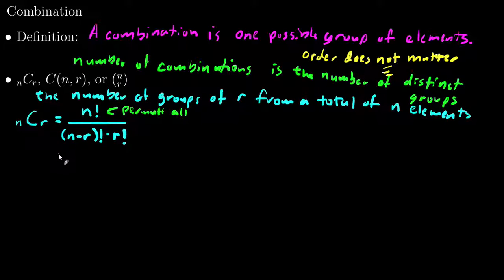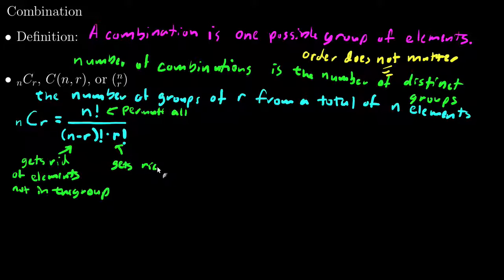At the bottom, this here sort of gets rid of elements not in the group. I'll explain what I mean by that in a numerical example shortly. And this r factorial gets rid of order, because in combinations, order does not matter.